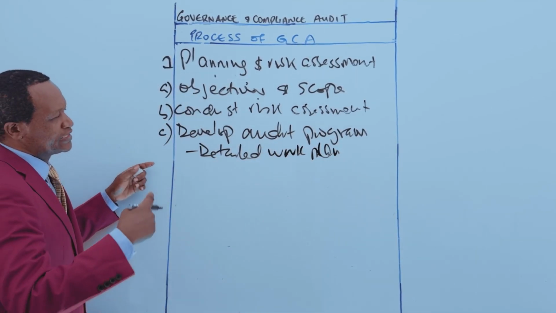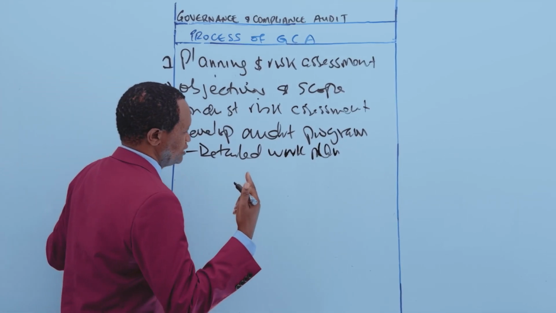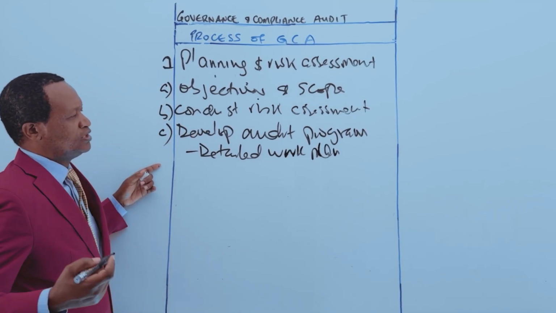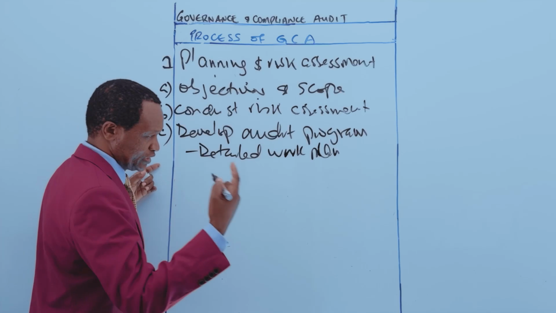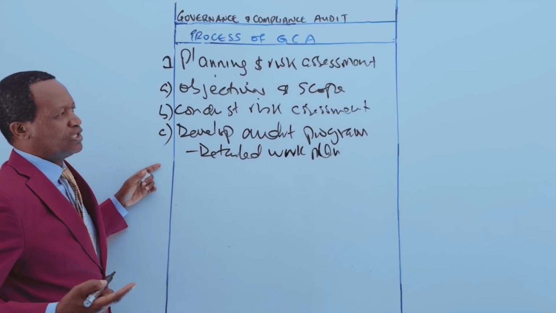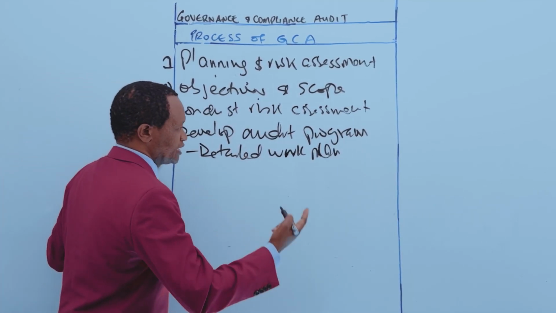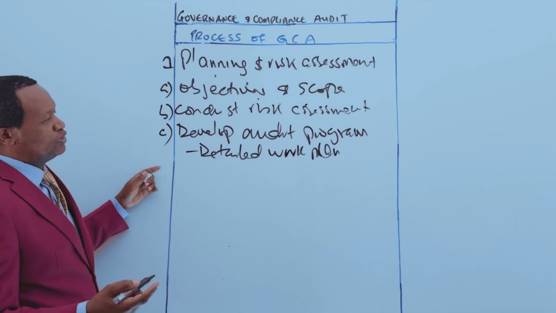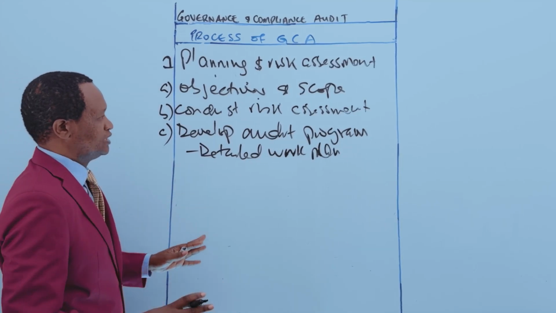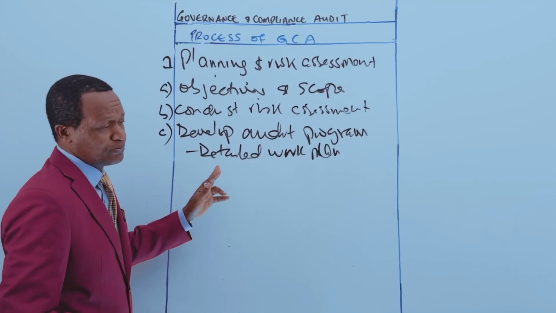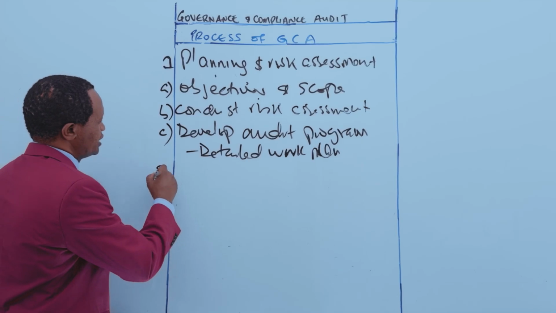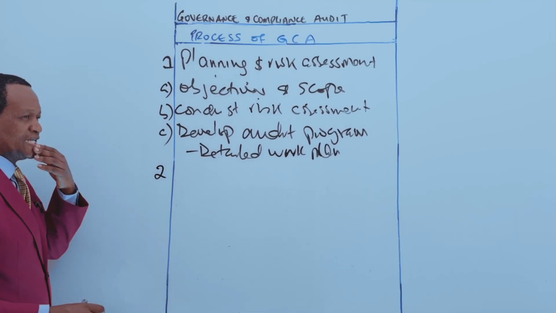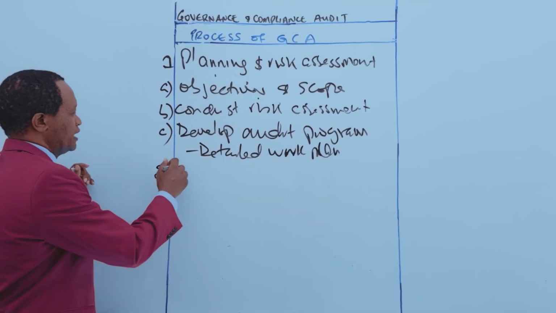You allocate tasks to different members of the audit team. You also allocate resources. Then you have a time frame of all the tasks that will be performed. It is on the basis of this detailed work plan that we move to the second phase, which is the execution.